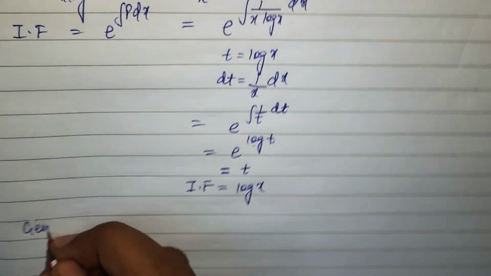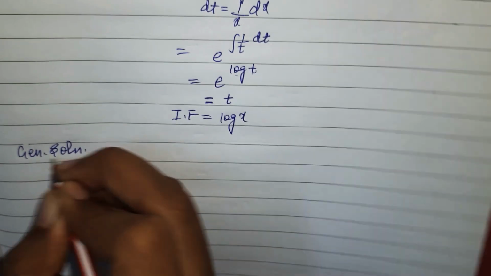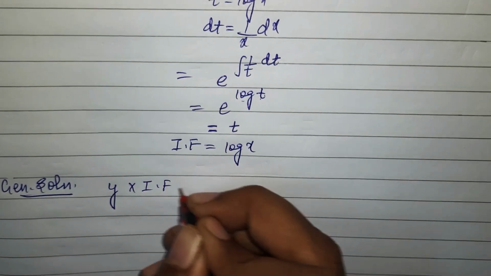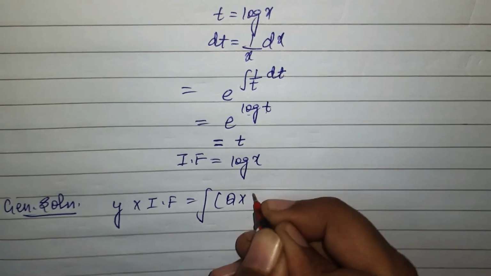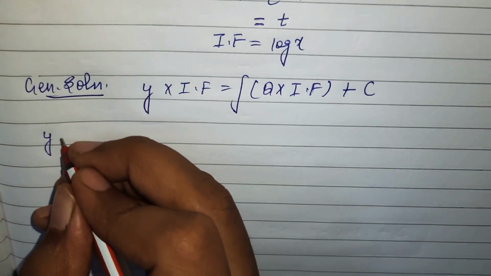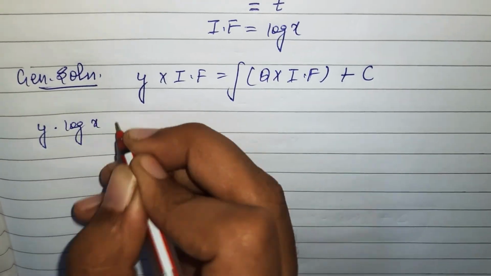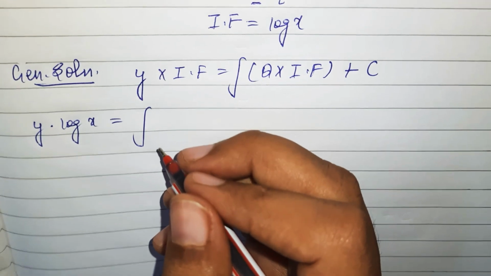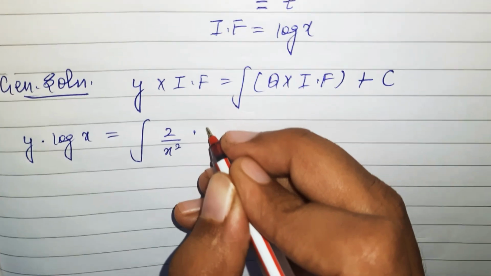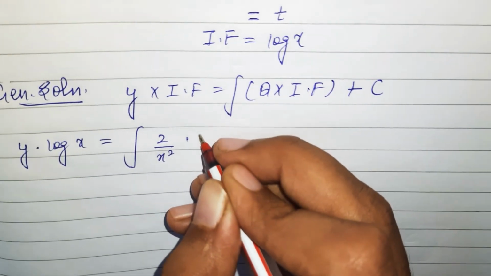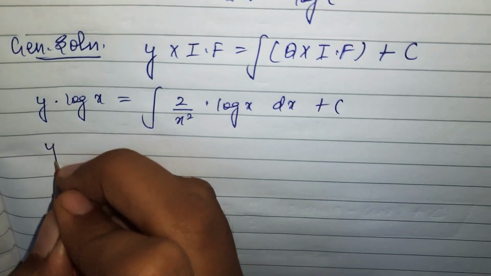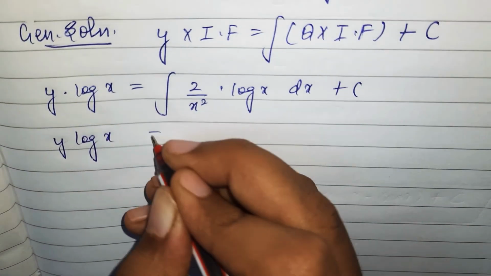So therefore the general solution is y into integrating factor equals integral of q into integrating factor plus c. So y into log x equals integral of 2 upon x square into log x dx plus c. So y log x, and 2 will be out.